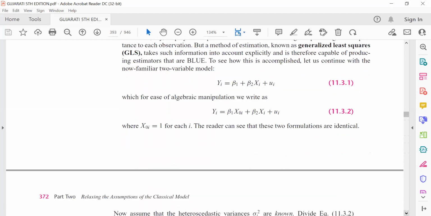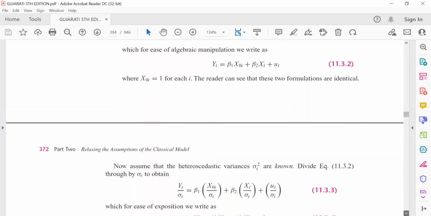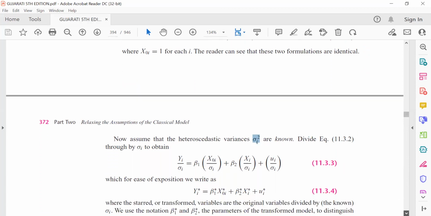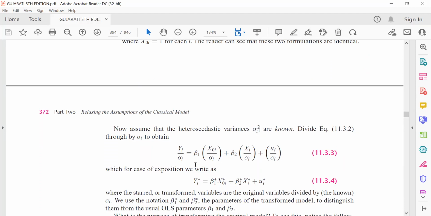Okay, how to estimate GLS? There is a problem with heteroskedasticity. For example, if heteroskedasticity is caused by the variance sigma square, as stated in equation 11, we divide all data by the standard error of the equation.